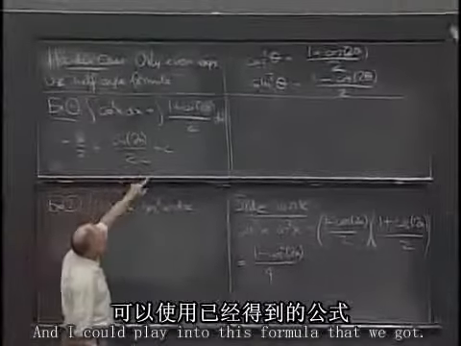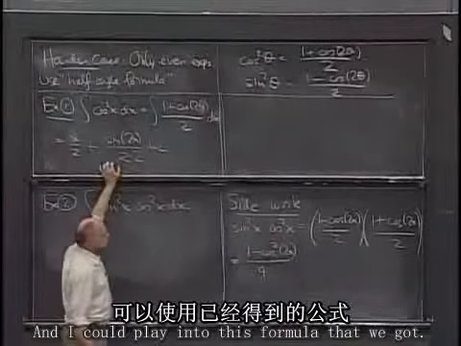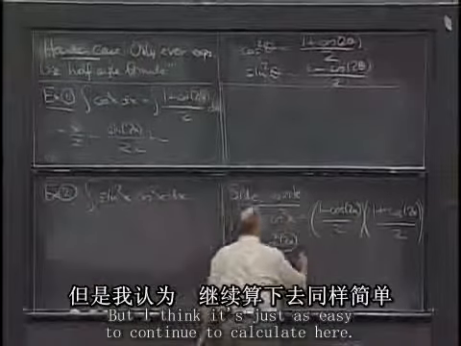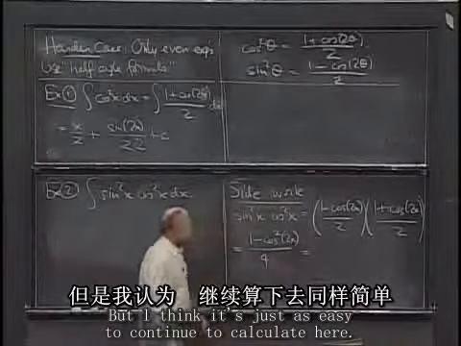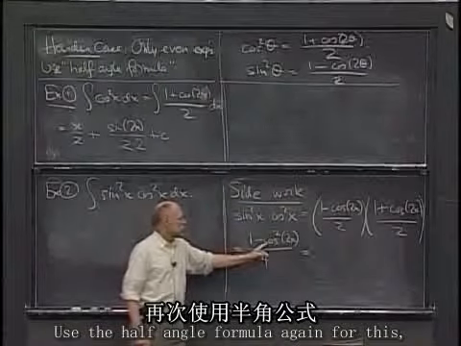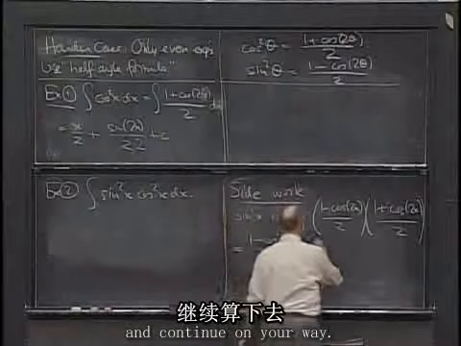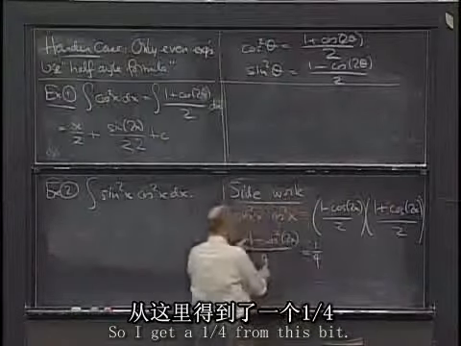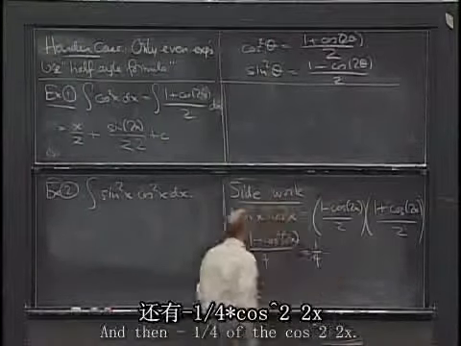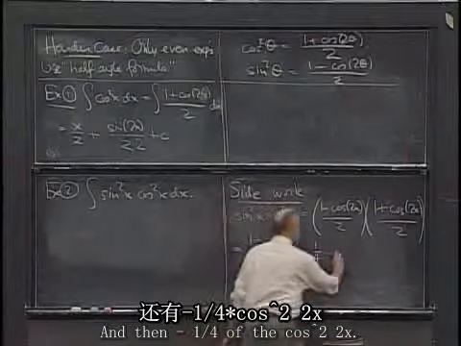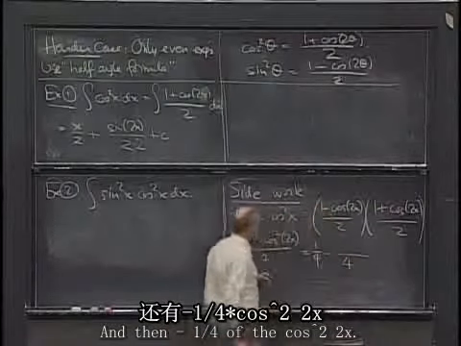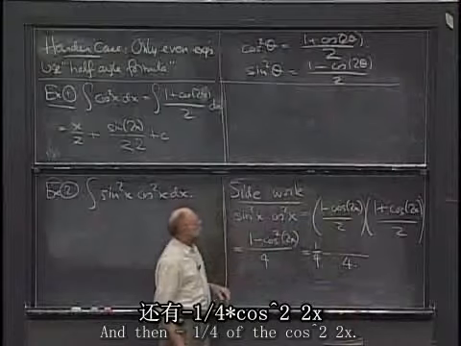I could plug into this formula that we got, but I think it's just as easy to continue to calculate here. Use the half-angle formula again for this and continue on your way. So I get a quarter from this bit, and then minus a quarter of the cosine squared of 2x.